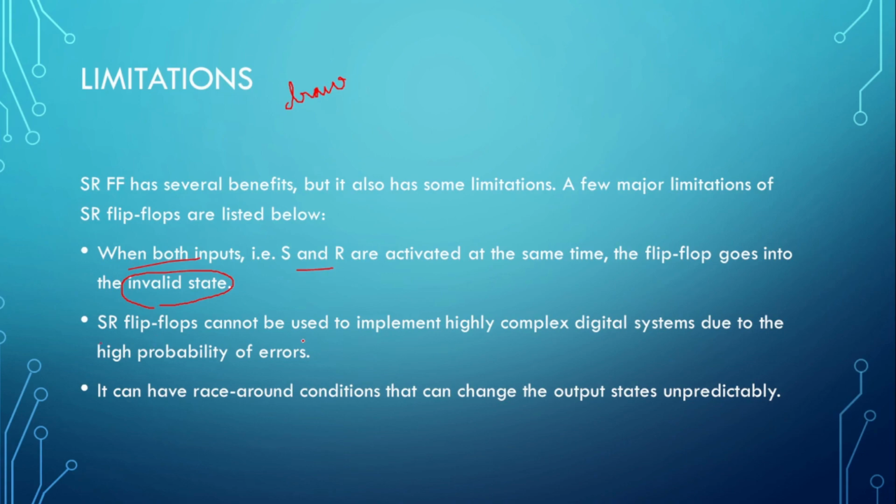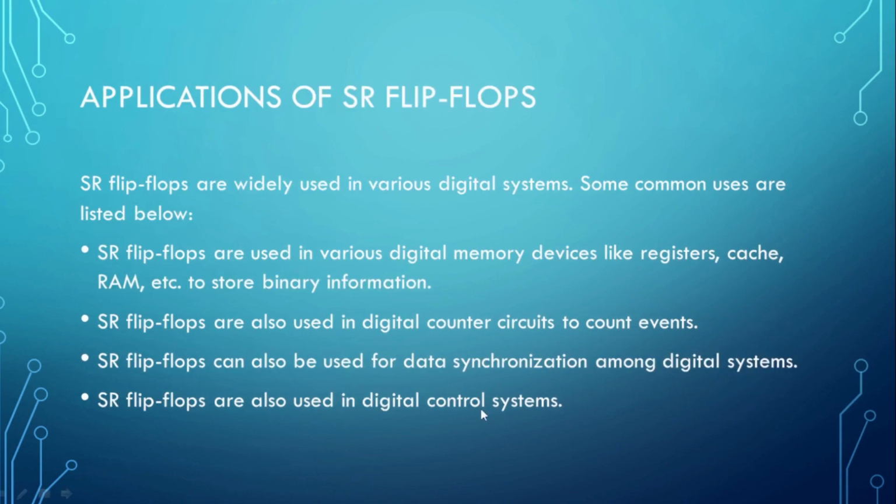And the SR flip-flop cannot be used in highly complex digital systems. If it is a very big system or there is some other difficulty in the system, we can't use this SR flip-flop, and it will produce more errors, and it also provides unpredictability of the output state.